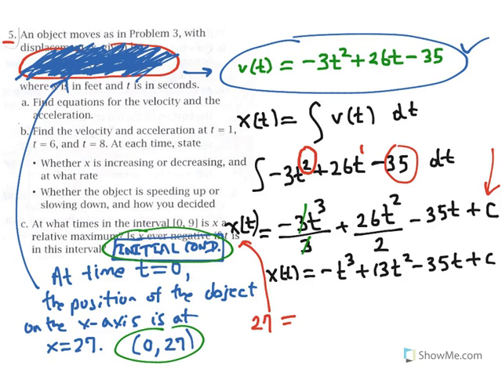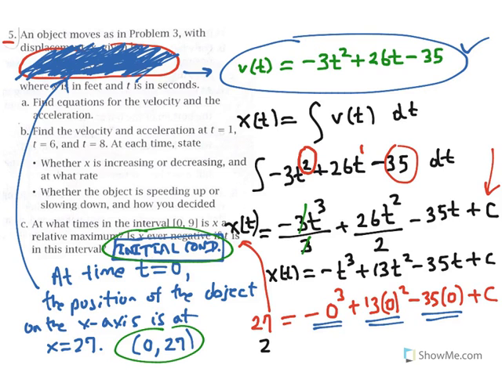So when I do that, I will have minus 0 cubed plus 13 times 0 squared minus 35 times 0. t is 0 and x is 27, right? So I have plus c. So you can see that this term is 0, and this term is 0. So I have 27 is equal to c.